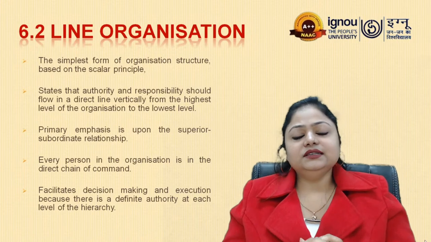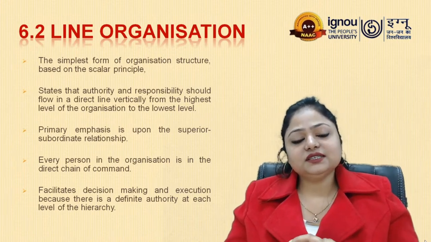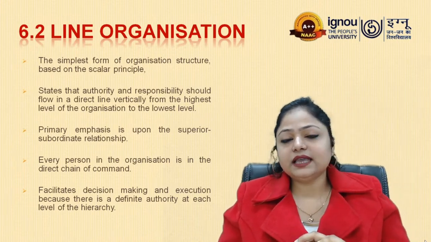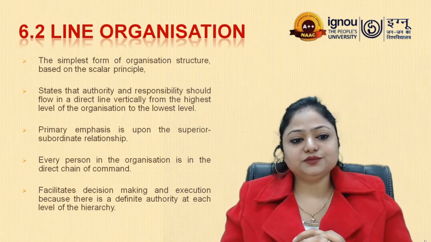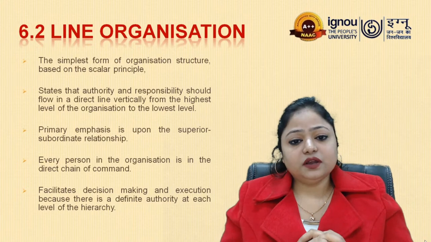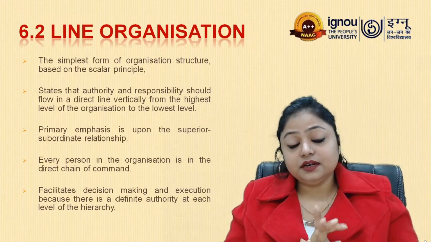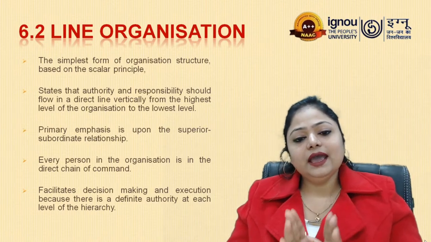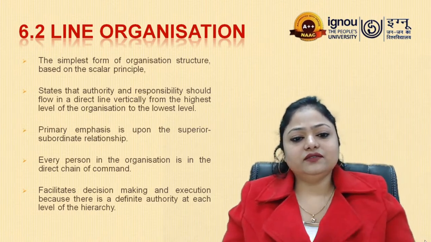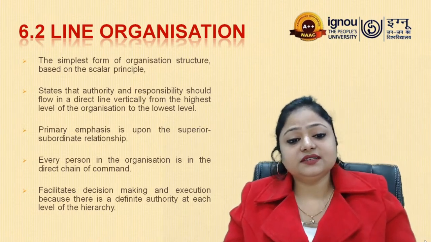What is this? It is the simplest form of organizational structure based on the scalar principle of Henri Fayol's 14 principles of management. It states that the authority and responsibility relationship should flow in a direct line and vertically from the highest level of the organization to the lowest level.